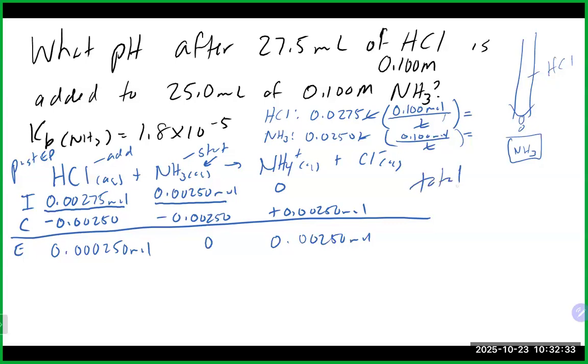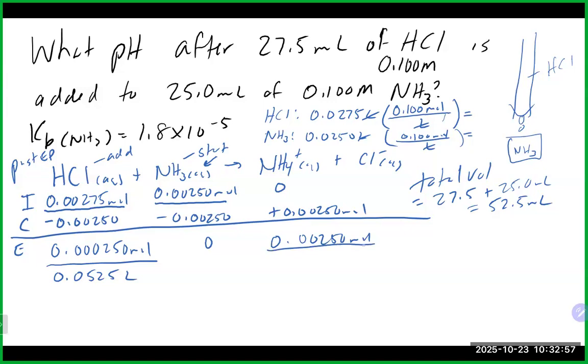Here we're going to find our total volume. We added 27.5 to 25 milliliters, and just to be sure, that's 52.5, right? There we go. So we're going to convert this back into molarity by taking 0.0525 liters. We've got everybody hopefully in the right units.